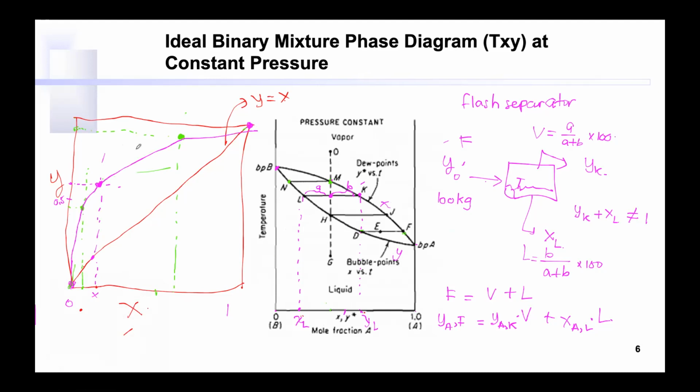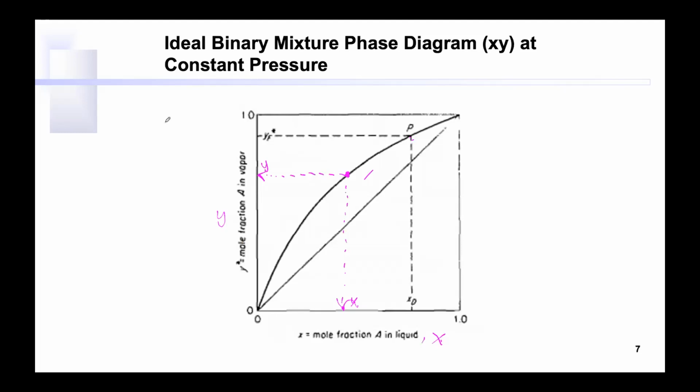Okay, so this is the XY diagram, and it's going to look like this. In the next few weeks, you're going to need to do a lot of drawing. So we have to do a lot of practice, for example, to change from the TXY diagram into the XY diagram.